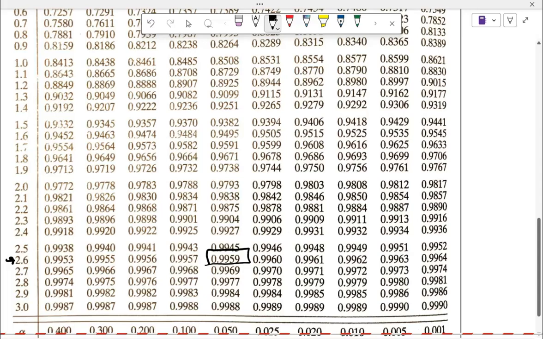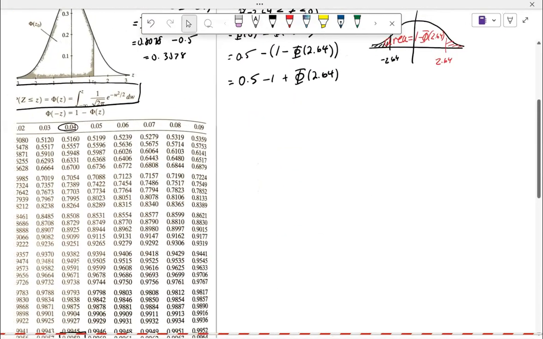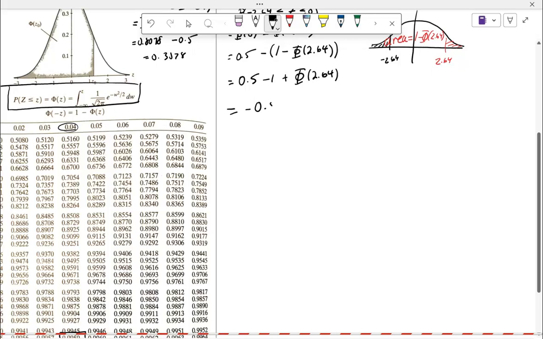That one. That part okay? Is it making sense how we're using the table?